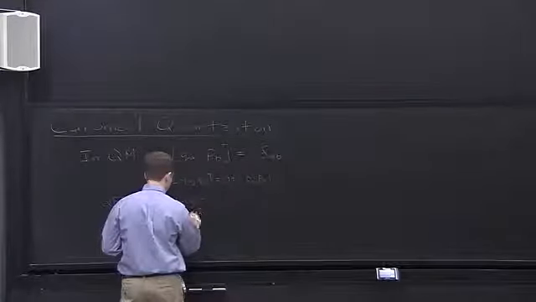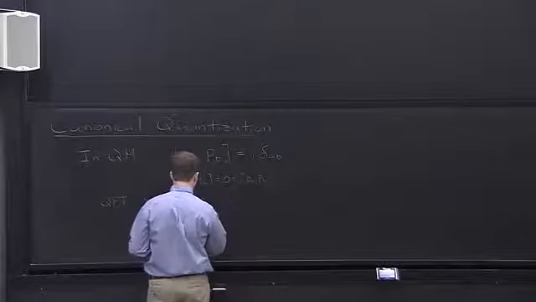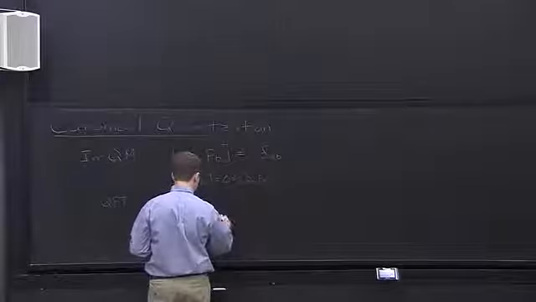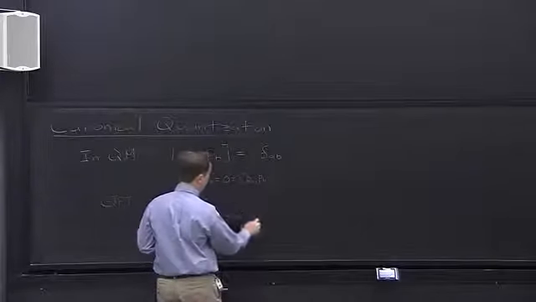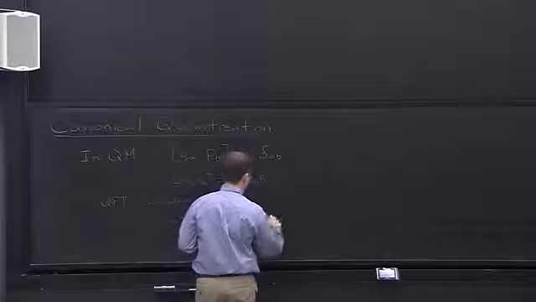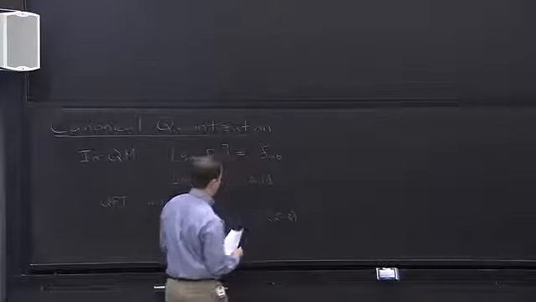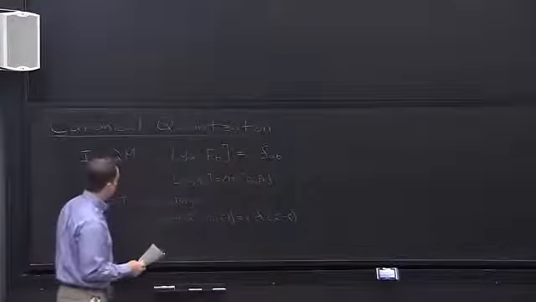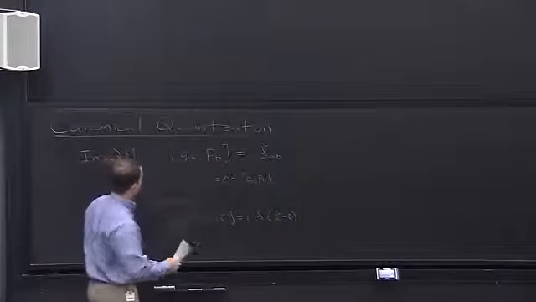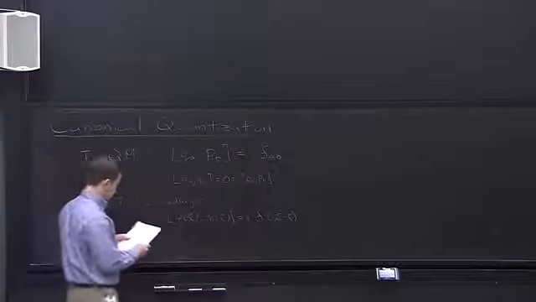So we're going to impose the commutation relation that the commutator of phi with pi is i delta. This time, a Dirac delta instead of a Kronecker delta. That's just because our position is continuous instead of a discrete number of generalized coordinates.